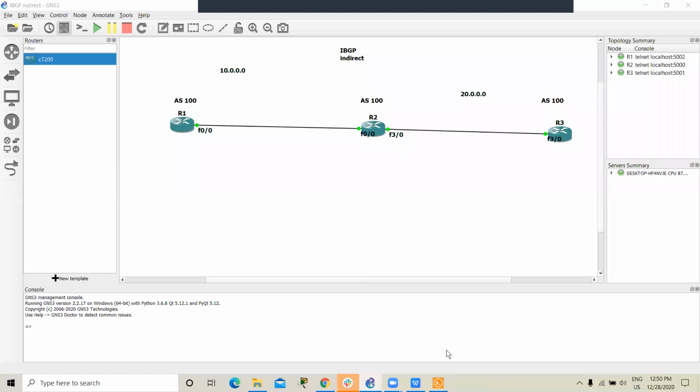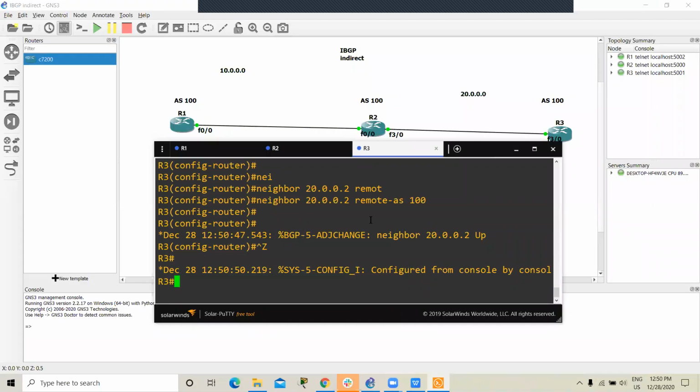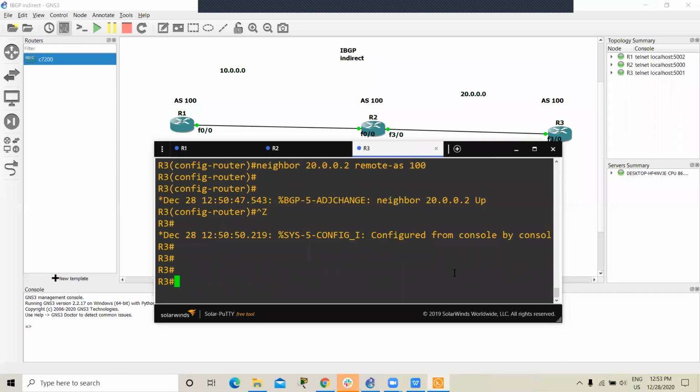Now we can see router 3. Can you show me the neighbor? Only router 2 became our neighbor.